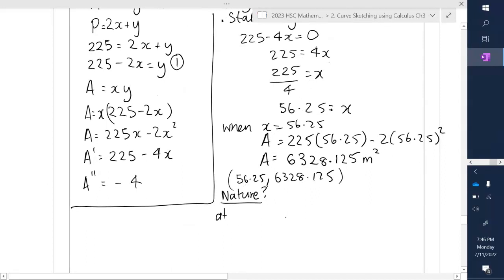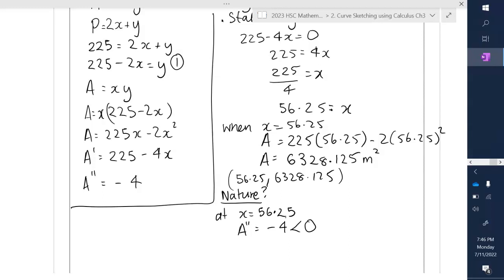So at x equals 56.25, what does our area double dash equal to? It's minus 4, which is less than 0, which is negative, which does give us a maximum. So a maximum turning point does happen here, or a maximum stationary point. So we're on the right track.